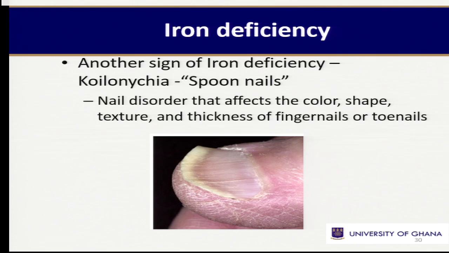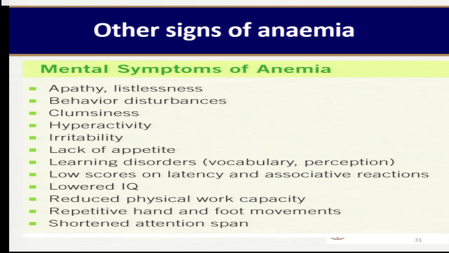Because there are some people, maybe genetically, when there is a deficiency, they will not feel dizzy, they will not feel lethargic, but the deficiency is there. So our nails can tell us that there is a deficiency. Other signs of anemia can be apathy, behavior changes, hyperactivity, and lack of appetite is also a major one that we need to consider.